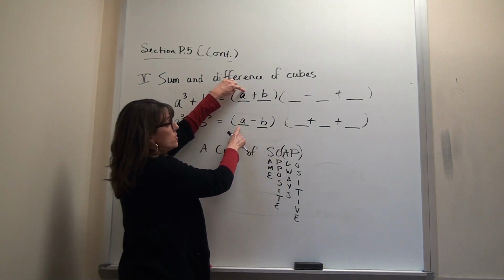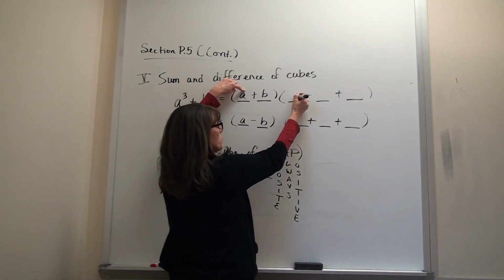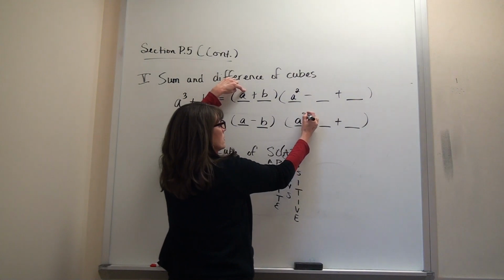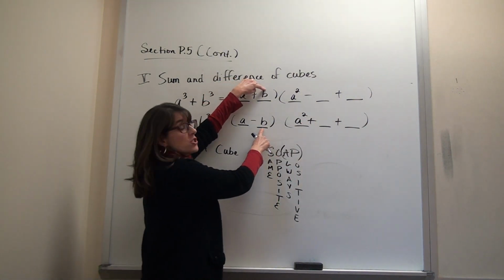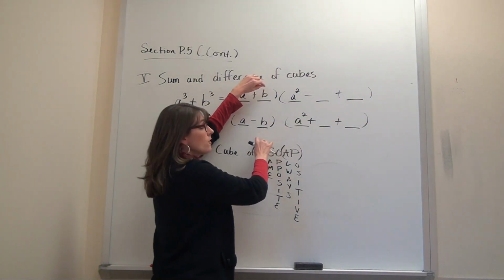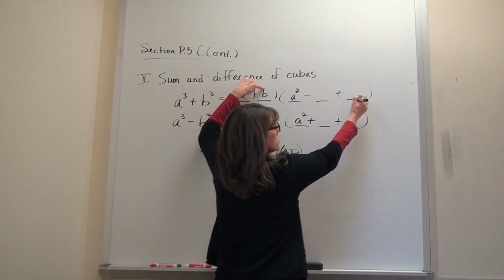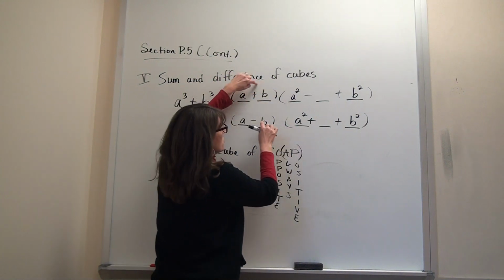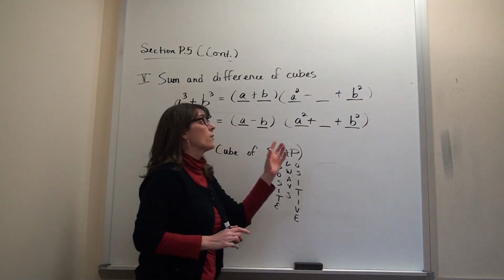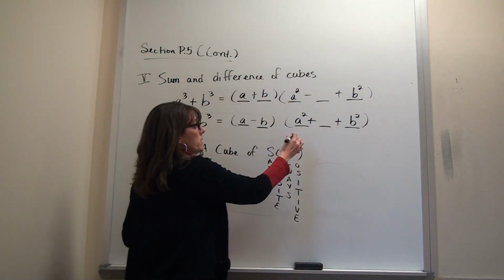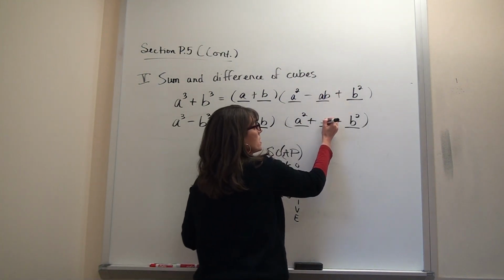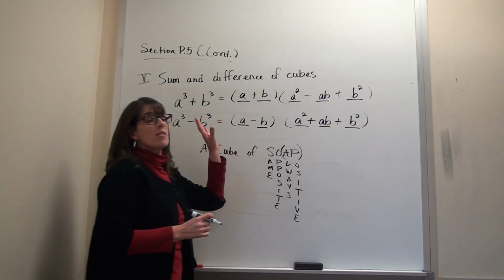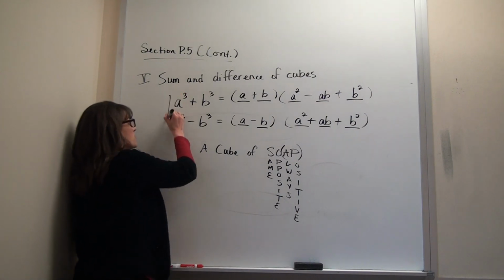I'll take these two digits and I'll square them and put them right here. I'll take these two digits, again, ignoring the signs because I've already taken care of all that, just the digits, and square those, that goes in the back. So, square it here, keep that same process. Now in the middle, you just take the two and multiply them together. Again, ignoring the signs because you've already taken care of that. There's how you factor sums and differences of cubes.